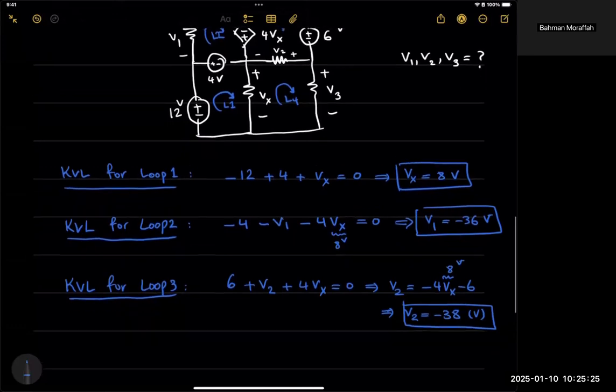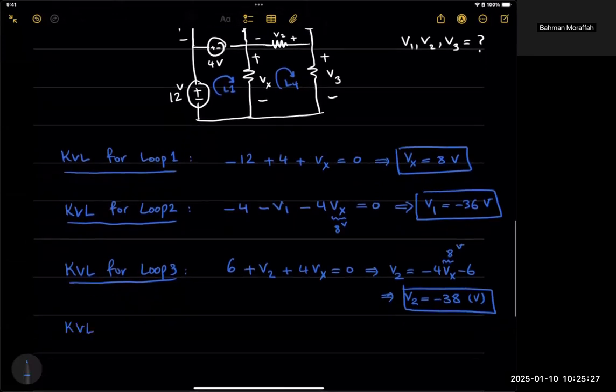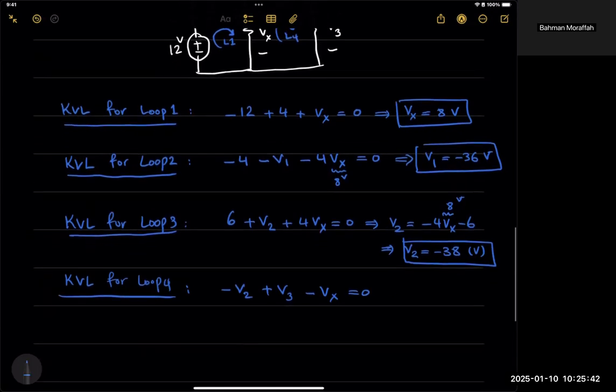Doing the same thing for loop 4. Let's start by V2. I have minus V2 plus V3 minus Vx equals 0. I know V3 is Vx plus V2.